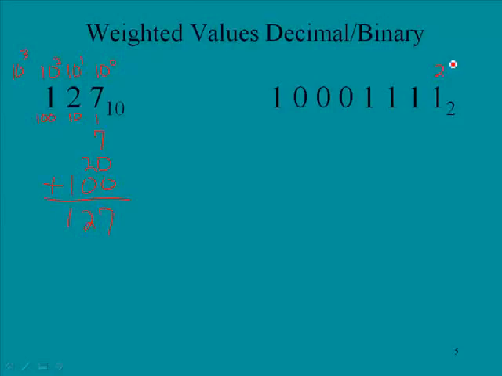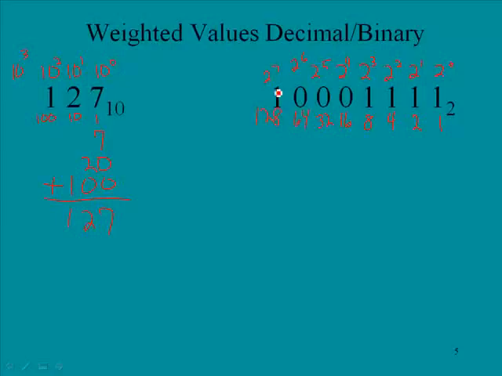So here we would have 2 to the 0, which is 1, and 2 to the first power, which is 2, 2 to the second, which is 4, 2 to the third, which is 8, 2 to the fourth, 16, 2 to the fifth, 32, 2 to the sixth, 64, and 2 to the seventh is 128.